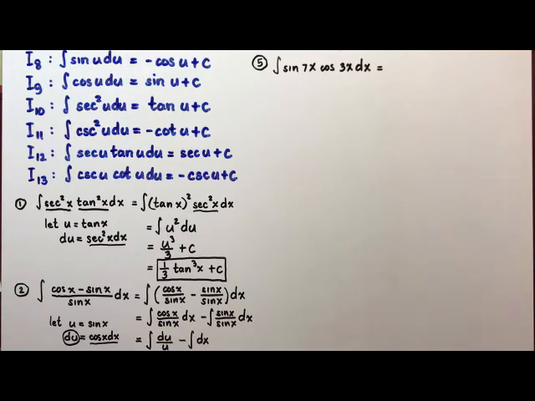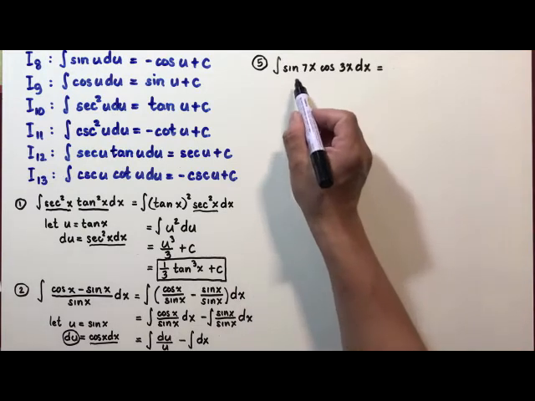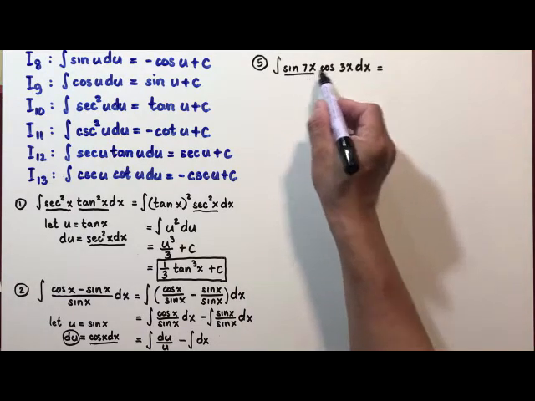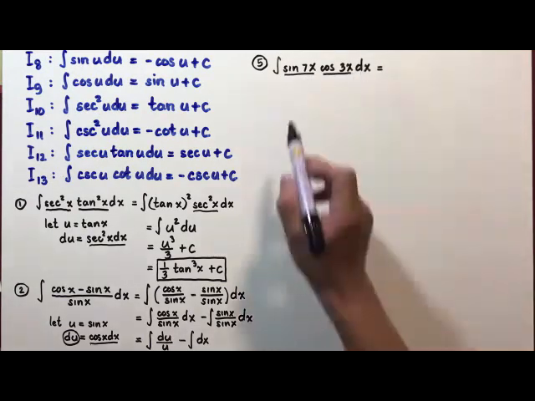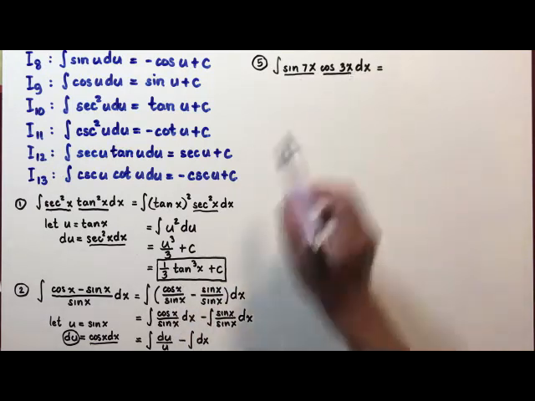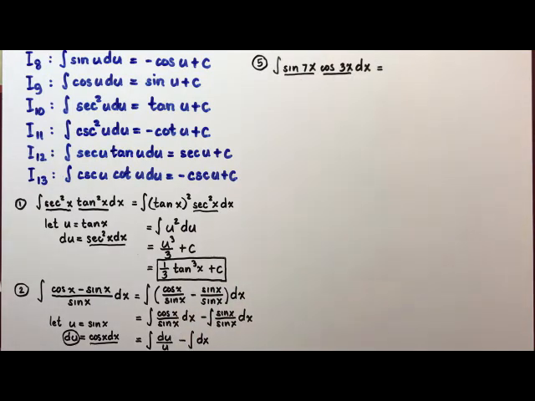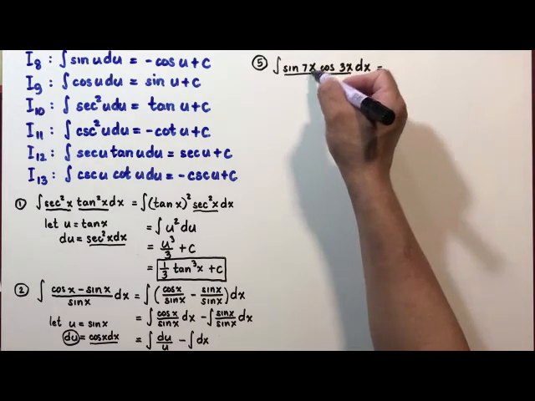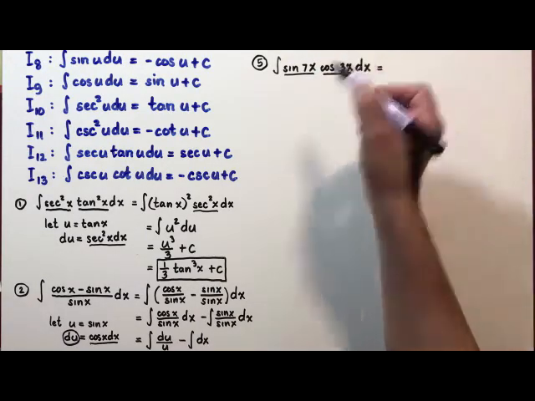This integrand is a little bit difficult for 2 things. Because first, it's a product of 2 trigonometric functions, sine 7x and cosine 3x. And we know that there is no straightforward formula for product in integration. Second, we don't have the same angle here because this is 7x and the other one is 3x.